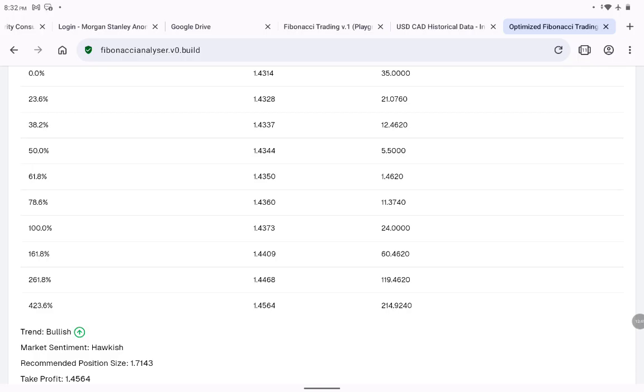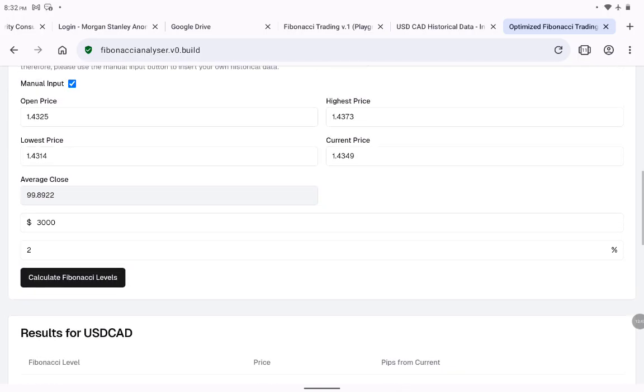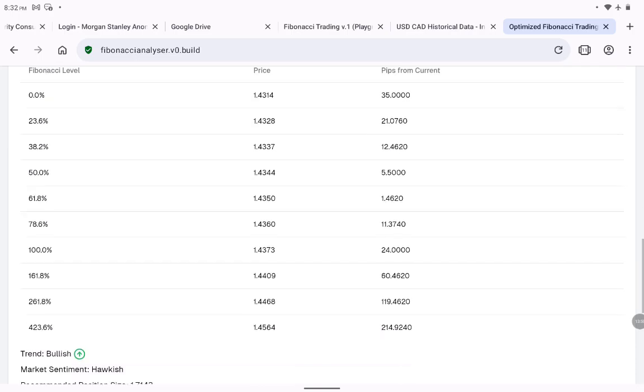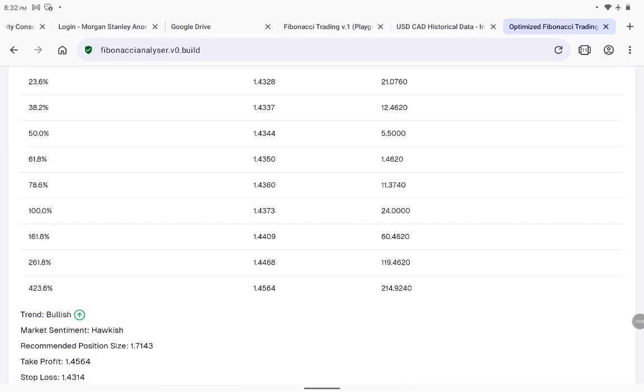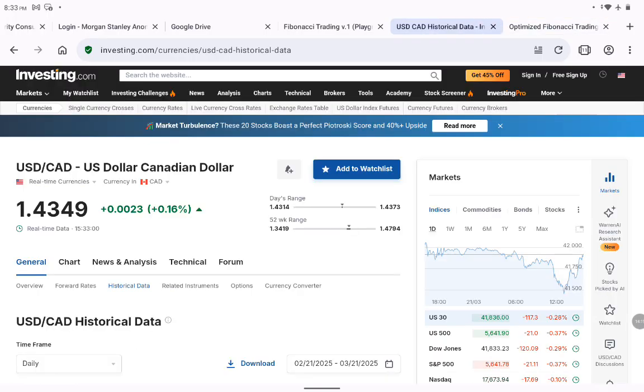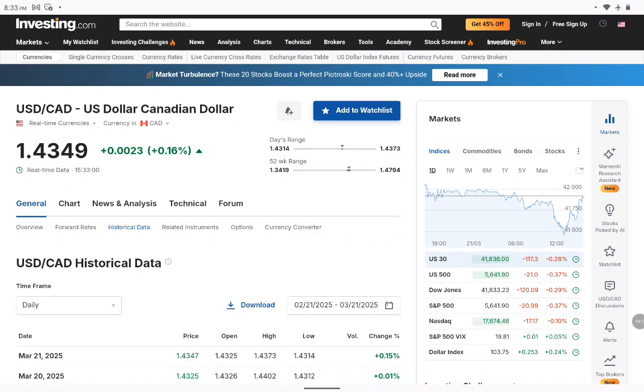Current price, as it shows here, is 1.4349, and from 78.6 it shows here 1.4360. This is really possible, right? Because if you look at the historical candle, let's see the chart.